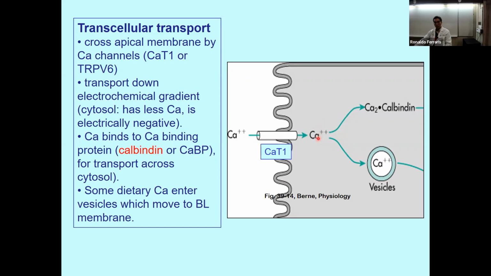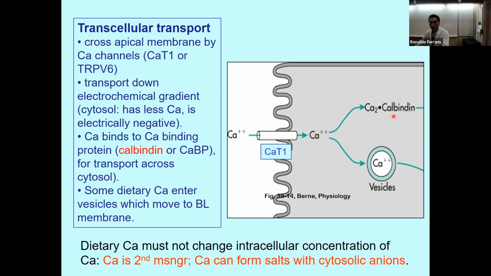Once inside the cytosol, we don't want to be confused about calcium signaling, because calcium, as we saw, is used as a signal by acetylcholine and others. So it's immediately bound to a calcium binding protein called calbindin.